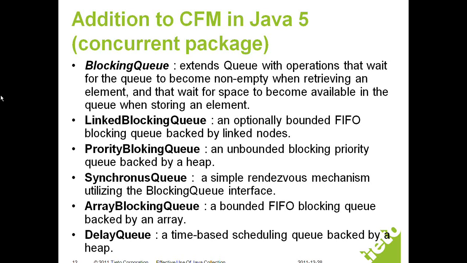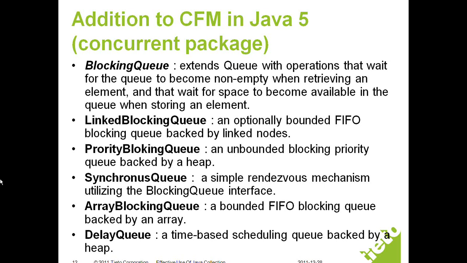So they are coded to throw a concurrent modification exception or a different kind of exception when two threads are accessing or modifying the same collection at the same point of time.